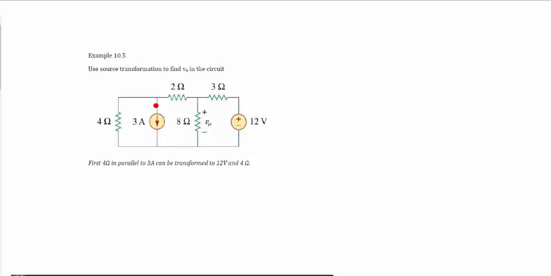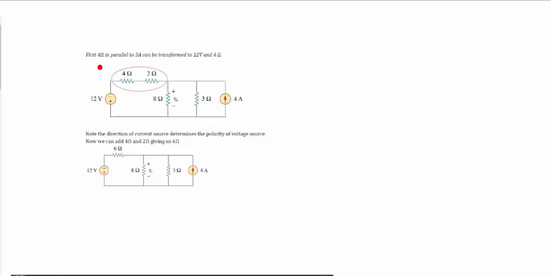As you can see from the rules, the first rule we can apply is to the resistor and the current supply that are in parallel, so you can change these two to a voltage source and resistor in series. Then you can add these two resistors. That is what we'll be looking at first.